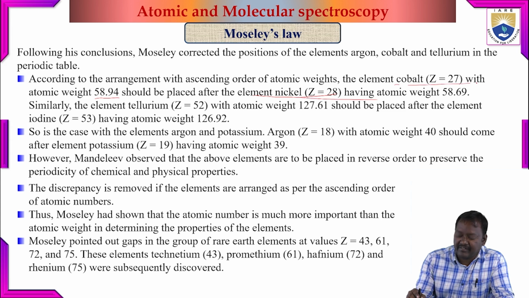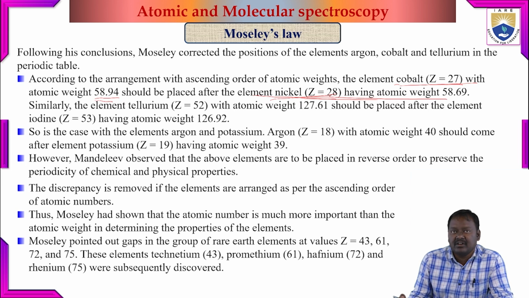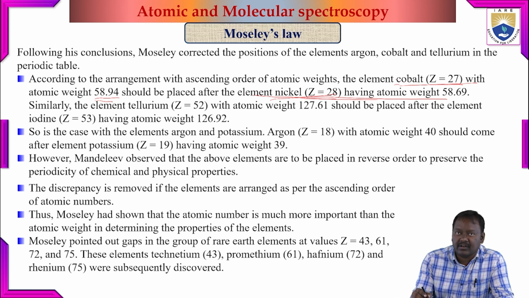So cobalt, 58.94, must come after the element nickel. But here cobalt's atomic number is 27, and nickel has atomic number 28. So in the updated periodic table, we see cobalt first and then nickel, following the atomic numbers.